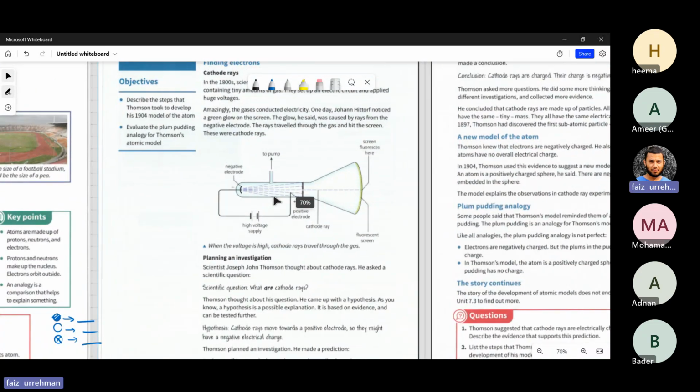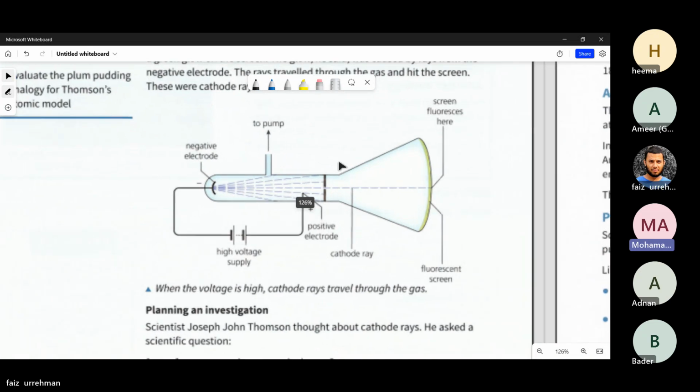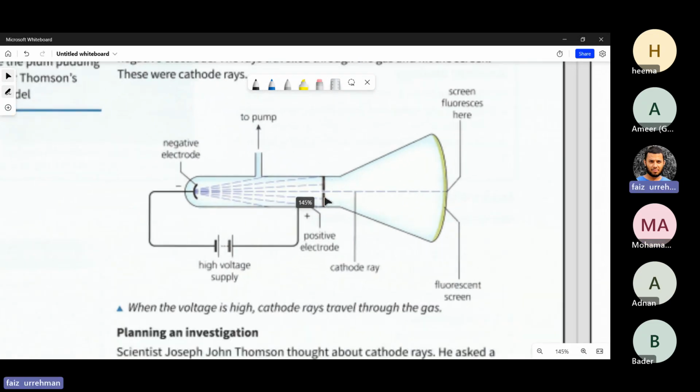The setup is already shown to you. I will tell you only how much the book is telling you: what the parts are and how human beings are able to detect electrons. What is so special in this? I will tell you.